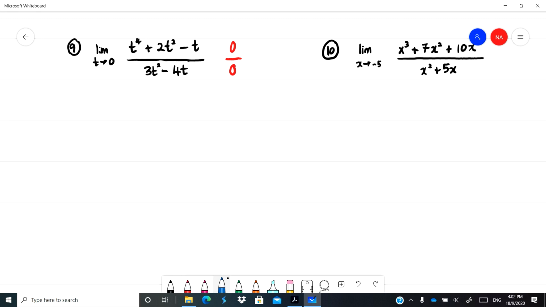Since you have not substituted the value of t with 0, write it back: limit as t approaching 0.